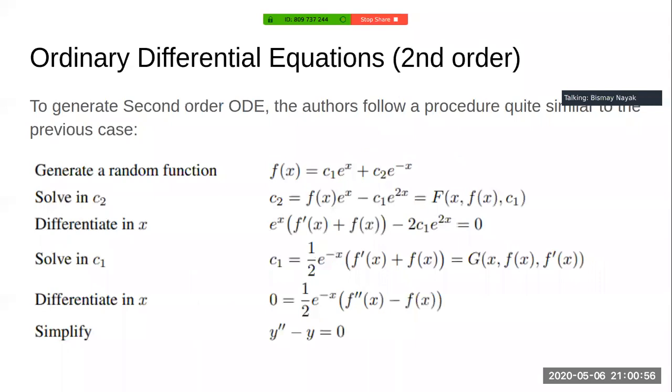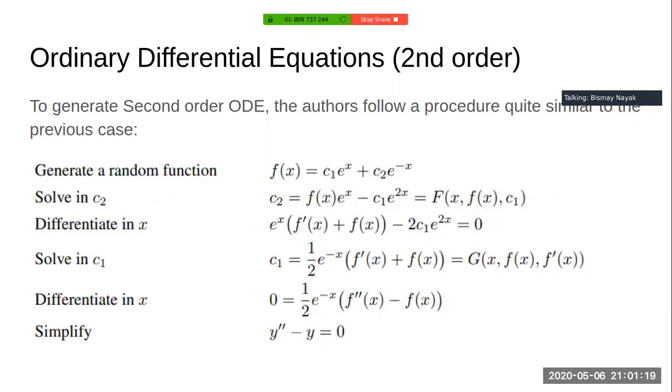So we start with the solution and create the problem. Similarly, to create second order differential equations, we first generate a random function with two constants, c1 and c2, and one variable. This function should also be solvable in c2, but we cannot make it so that it is solvable in c1.